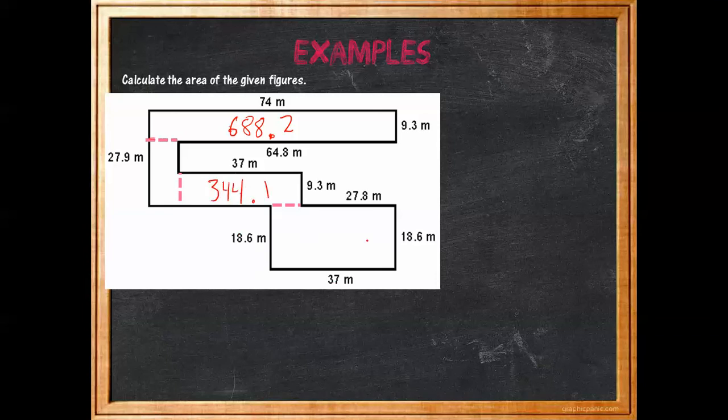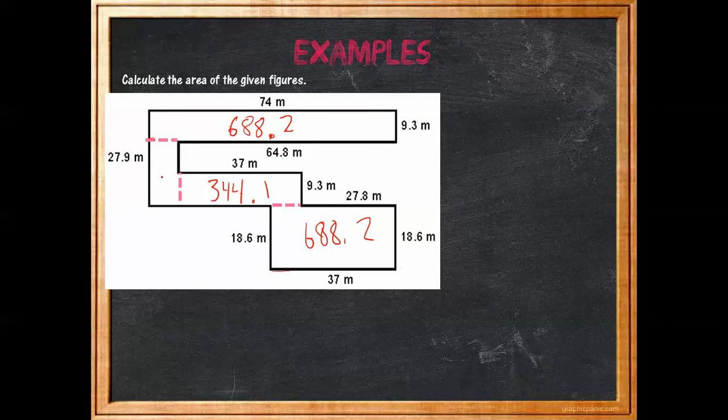Then for this box down here, I already know that this is 37 and this is 18.6, so 37 times 18.6 is 688.2. Actually the same area as this one up here. This one's just fatter, this one's longer and thinner.